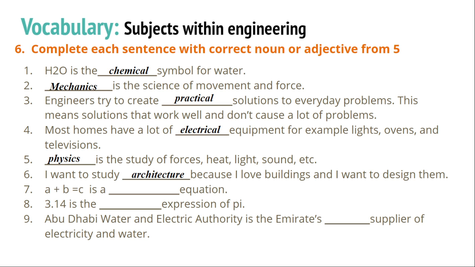A plus B equals C is a mathematical equation. 3.14 is the numerical expression of pi. Abu Dhabi Water and Electric Authority is the Emirates national supplier of electricity and water.